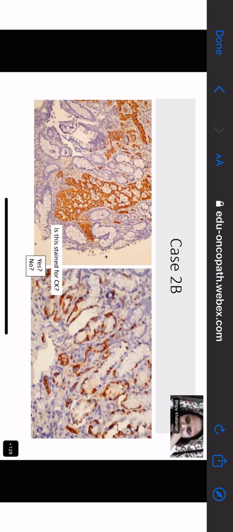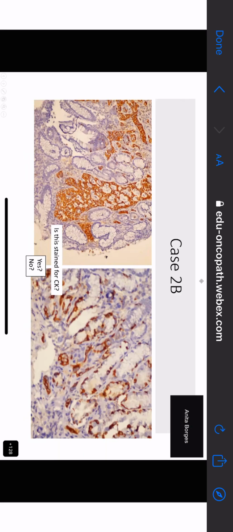It's a neuroendocrine tumor, ma'am. So neuroendocrine tumors don't stain for cytokeratin. Oh, really? No, that's not the reason. Vimy, why is this not a cytokeratin immunostain? Ma'am, the normal epithelium has not taken up the stain. Absolutely right. This is not a cytokeratin stain because you have so much of the epithelium.